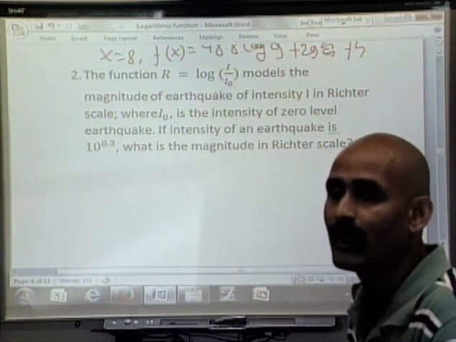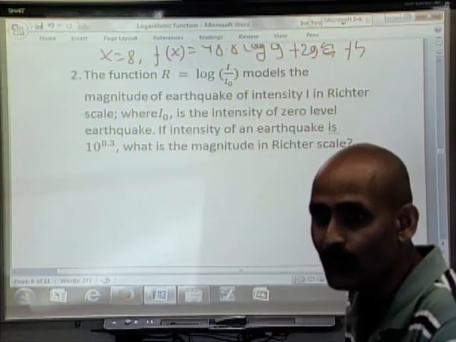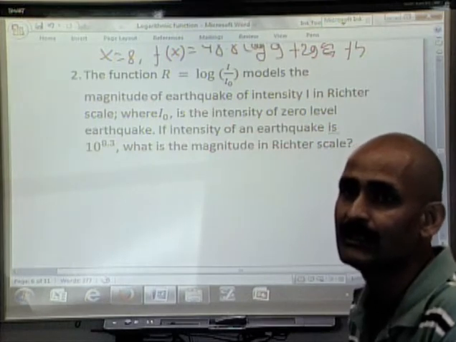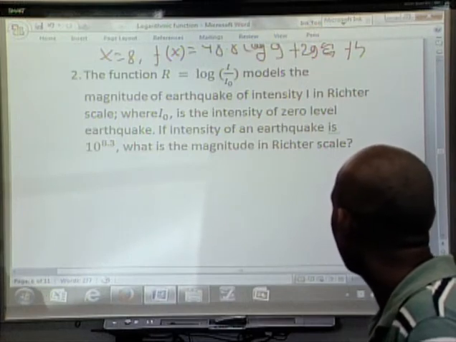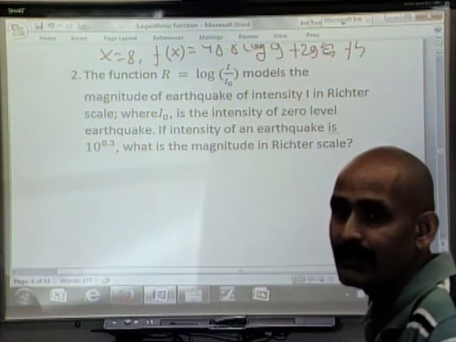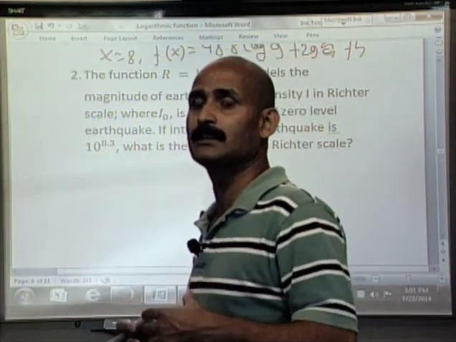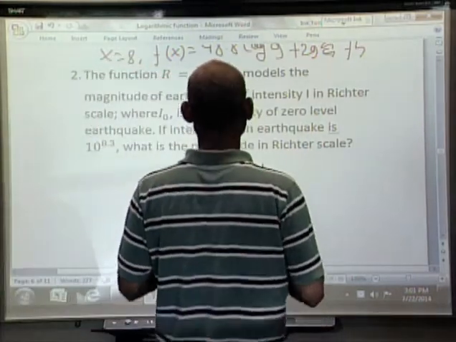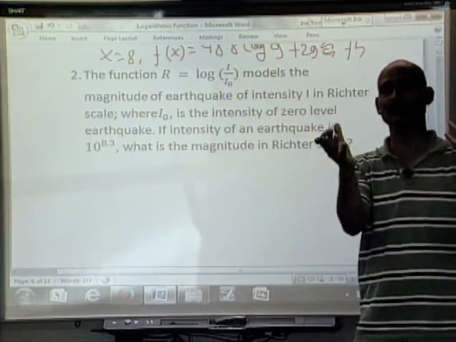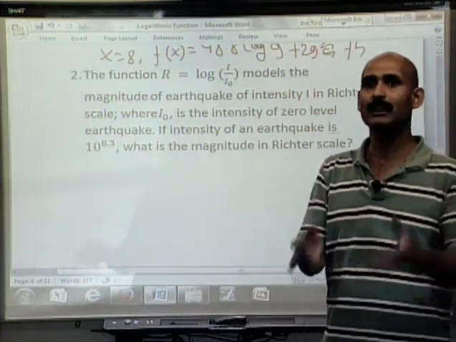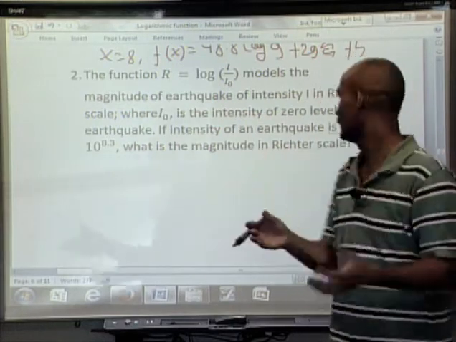And log of I over I0 represents the Richter scale of an earthquake whose intensity is I. Now, the question is, if the intensity of an earthquake is 10 raised to the 8.3, what is the Richter scale magnitude of that?